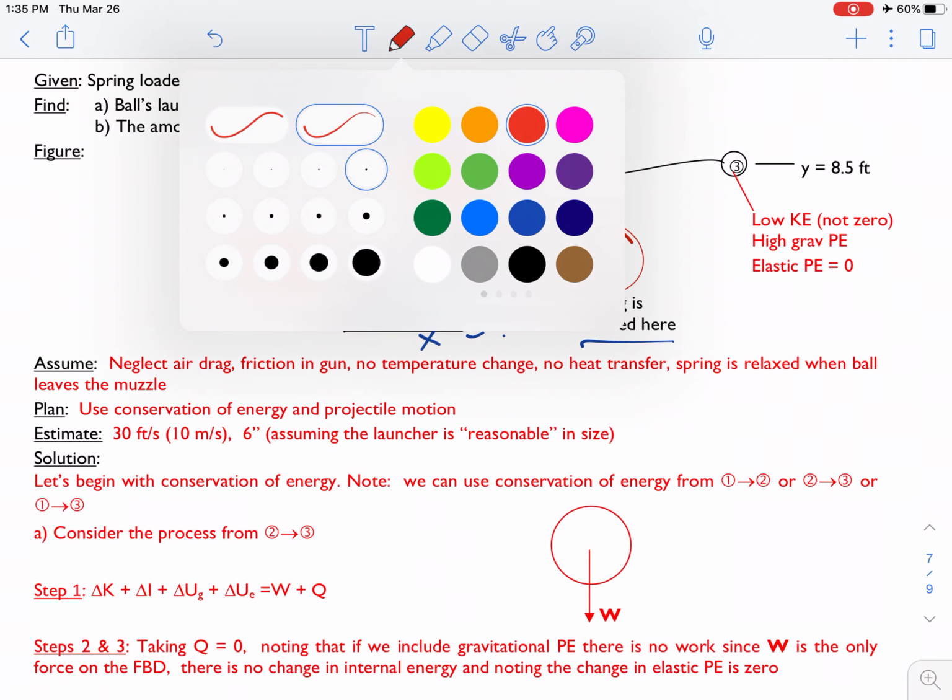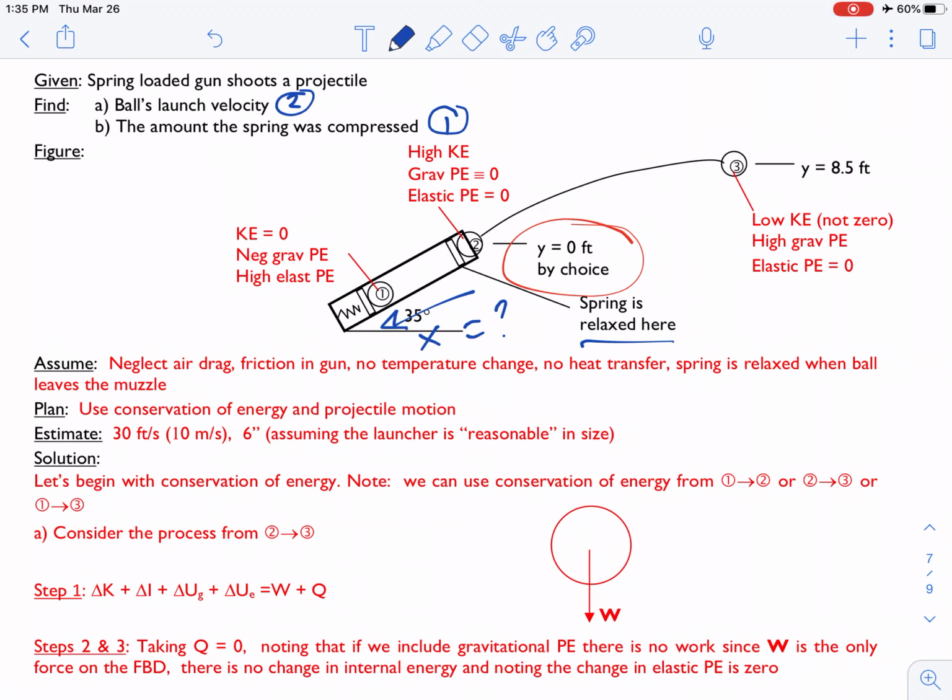We did say point 2 is y equal to 0, and that's fine, but that makes the gravitational potential energy negative for point 1, because point 2, which is 0, is at a higher elevation than point 1. You're looking at the elevation, upward, not sideways, just upward.